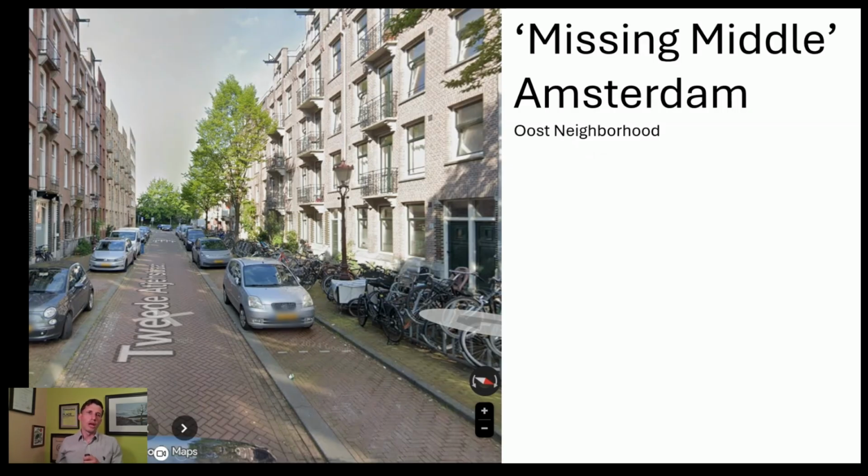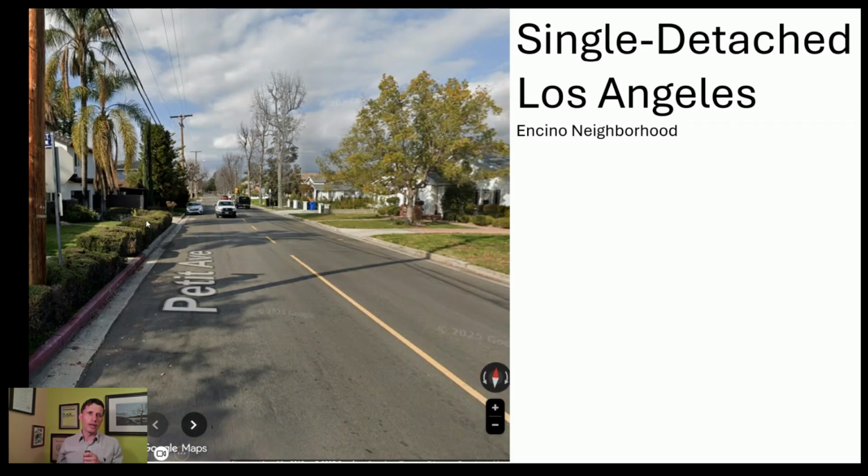You can see that it is 4-story stacked townhouses along a more narrow street. These sorts of neighborhoods are quite common in that part of the world and the northern European Nordic countries. And then here is a street view from a fairly typical neighborhood in Los Angeles, the Encino neighborhood. You can see that there are some wider streets and fairly spread out housing.